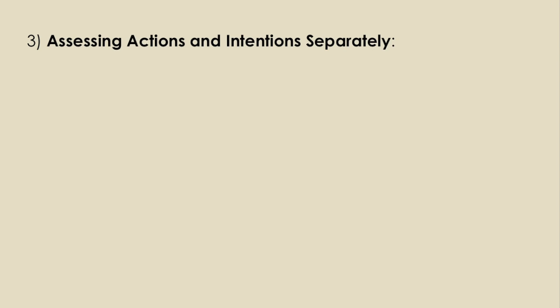Another interesting feature of this theory is that it assesses actions and intentions separately. In other words, we can give an account of the intentions that a person has for performing an action separately from the actual results of the action. And this is actually quite useful and I think important.